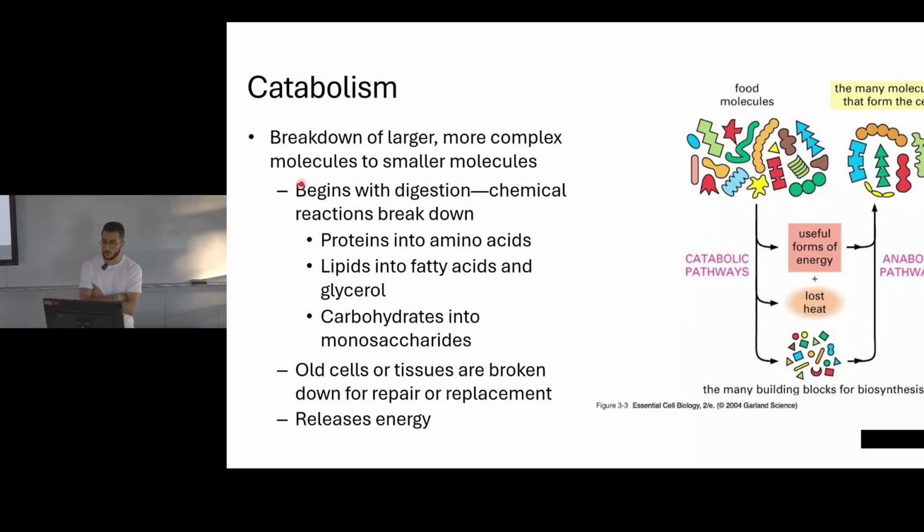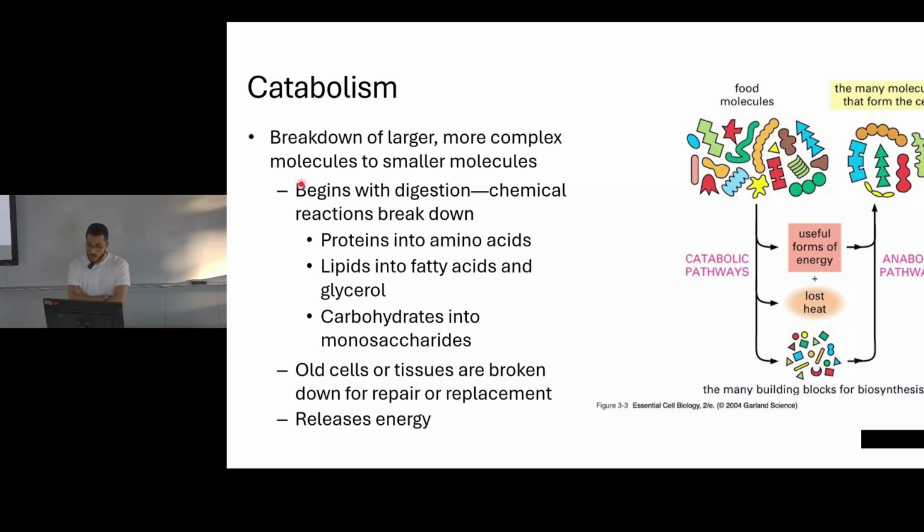You're trying to break stuff into smaller molecules. The first step is basically digestion, right? You're starting to break down bigger molecules like the macronutrients into their smaller components. So proteins into amino acids, lipids into fatty acids, glycerol, cholesterol, and whatnot. Carbohydrates into the monosaccharides, okay?